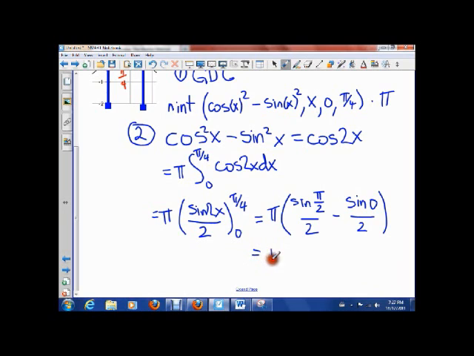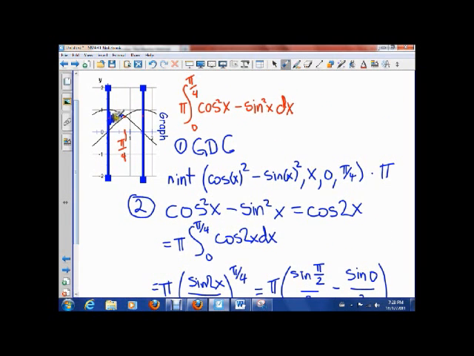Okay, so this is pi. Sine of pi by 2 is 1, so this will be 1 over 2, and sine 0 is 0. So this volume is pi by 2. Okay, so that's volume 1, and you'll get the same thing if you type this into your graphing calculator.